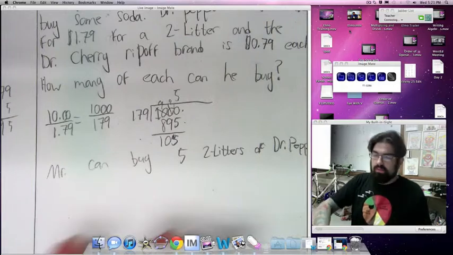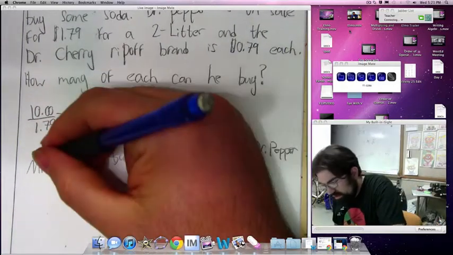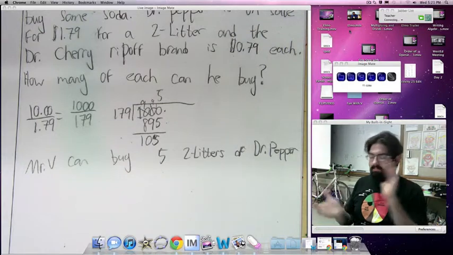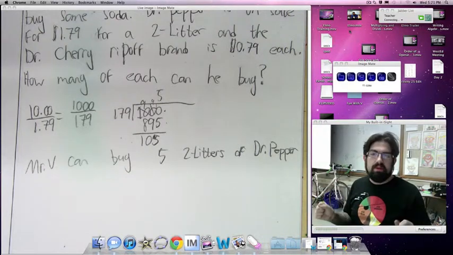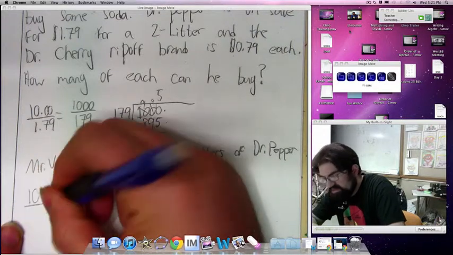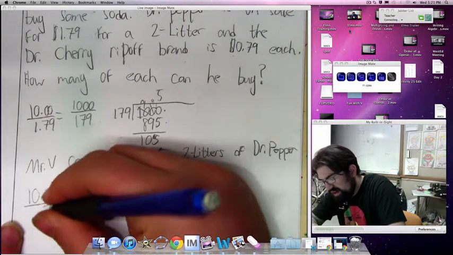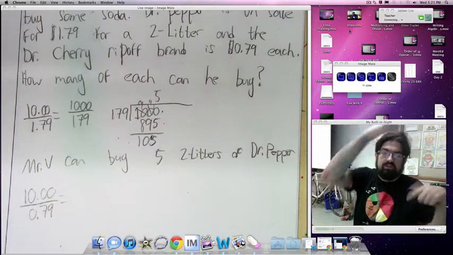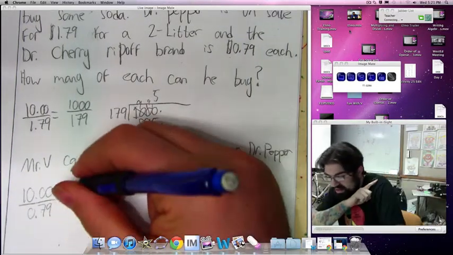Okay, so I know I can buy 5 2 liters of Dr. Pepper. Sick. What about the other one? Well, again, I'm going to take $10, and now I'm dividing it by 79. If I move the decimal again 2 times on top and bottom, this is going to be 1,000 again.